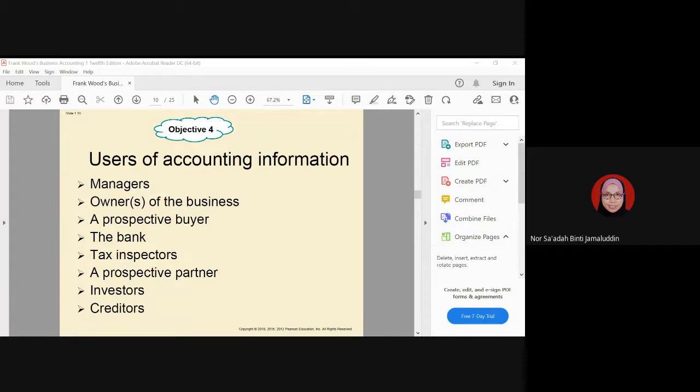Right? Apart from that, it's an investor, pelabur, seseorang yang nak melabur dia punya duit nak involve in one company as an investor or shareholder. They must do some reference on the accounting information of the organisation. And then lastly, creditors. Creditors ni dalam arti kata yang lebih mudah adalah orang yang nak bagi kita, orang yang nak melibatkan diri dalam kita punya sebagai penghutang atau penghutang.